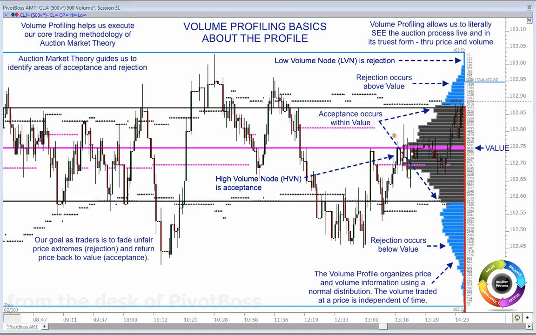So that's what's going on. Auction market theory says find those price levels that have acceptance and rejection. Find them. And our goal as traders is to trade the unfair price extremes and then return price back to value and then perhaps all the way to the top of value.